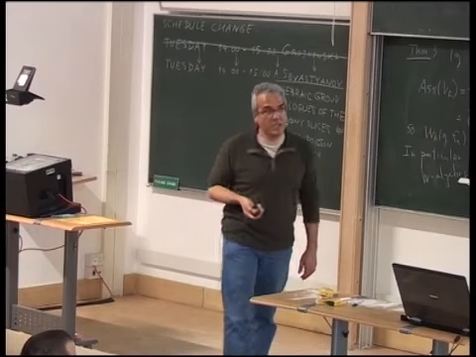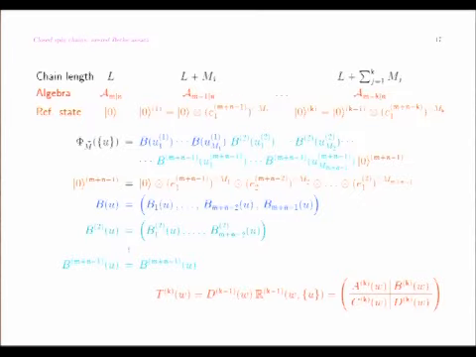So with this expression, you can see that you have a recursion relation, which is quite obvious here, which allows you to construct the Bethe vectors of the A_{M,N} chain from the Bethe vectors of the A_{M,N-1} chain.